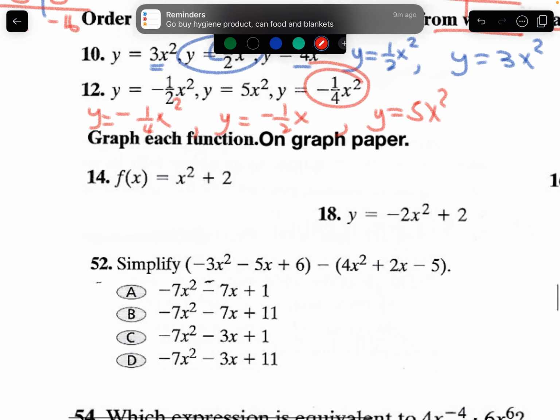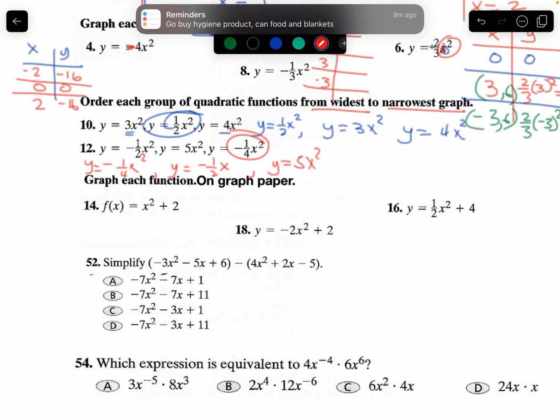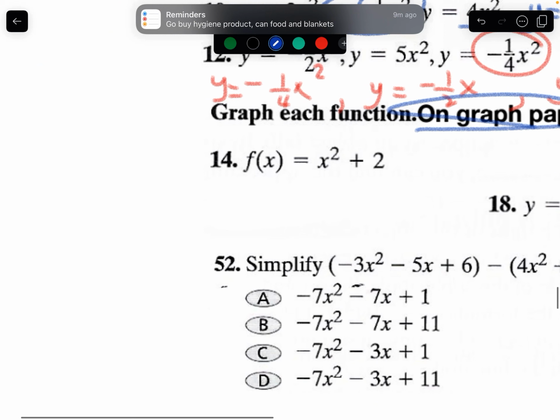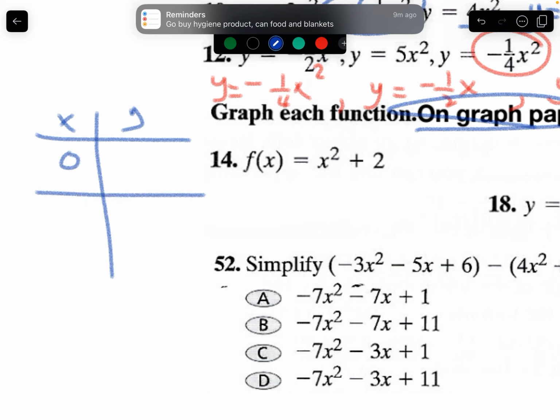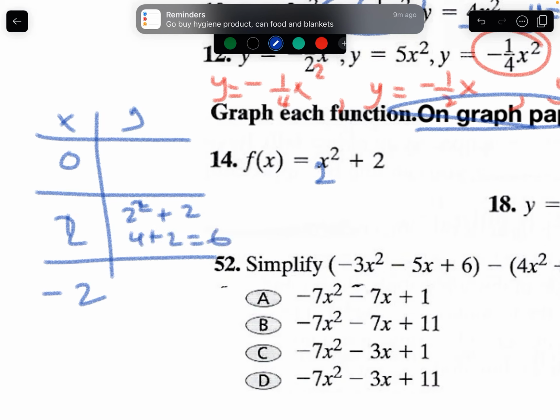Graph. Again, make sure you do this on graph paper. Okay. On 14, I would choose x and y. I'd choose 0. I'll just do 2 and negative 2. 2 squared is 4, plus 2 is 6.